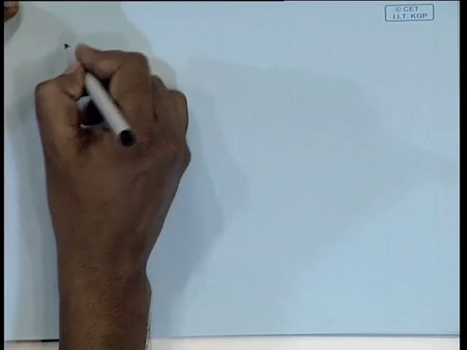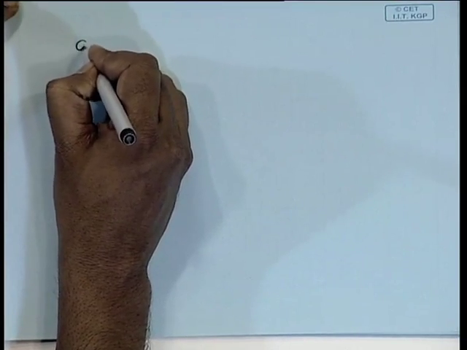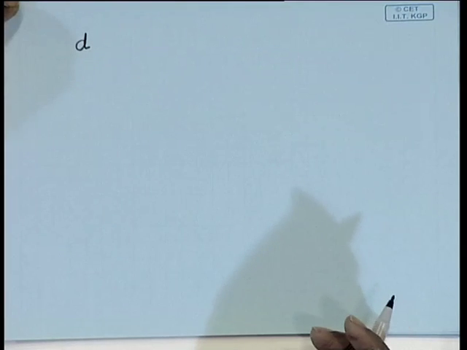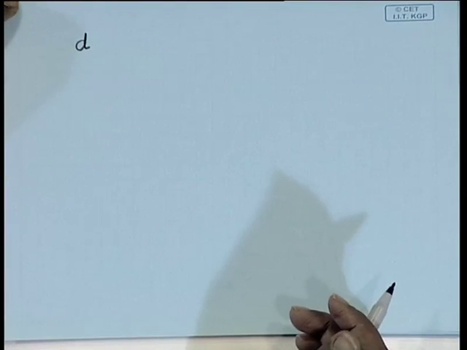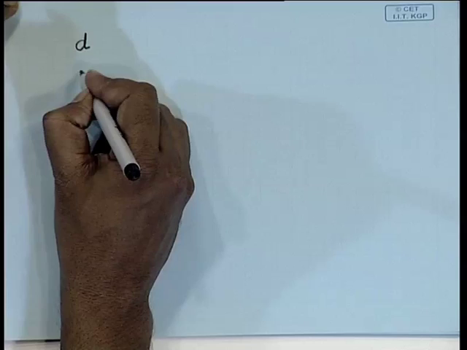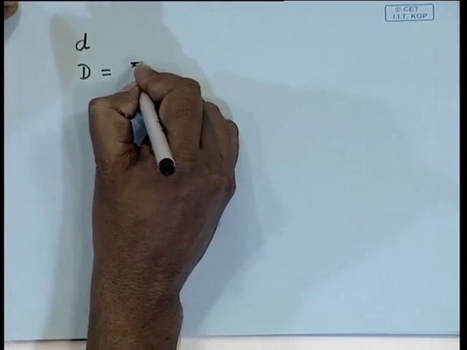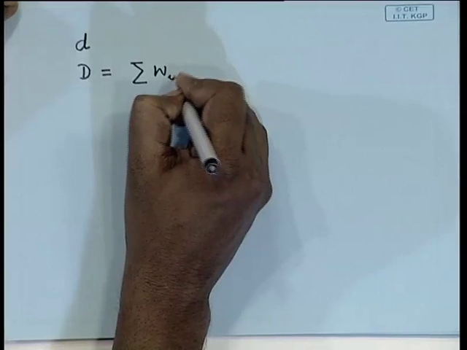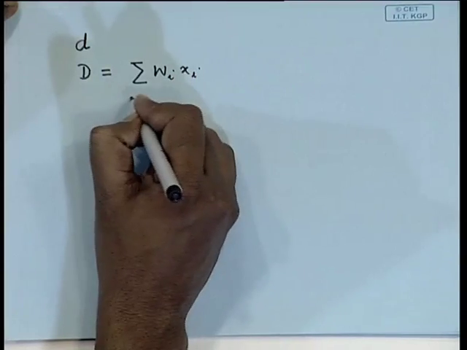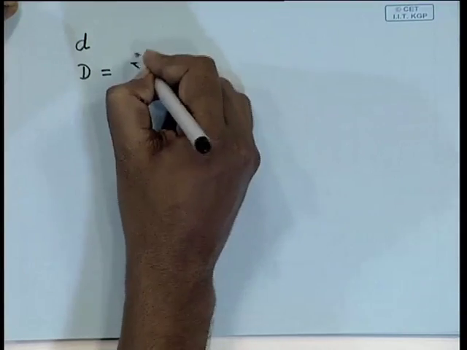So, over here you find that for a given input x, for a given training sample x, if I know that the target output is say d, whereas the actual output that I get is nothing but the summation of w i x i, where i varies from 0 to m.